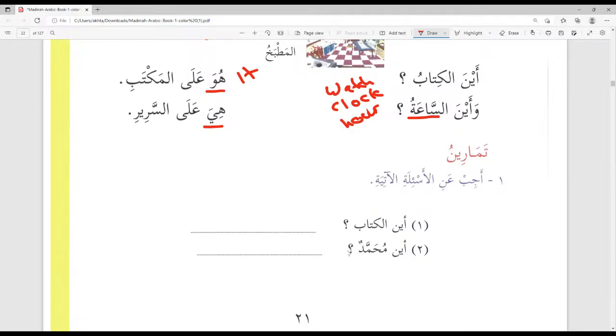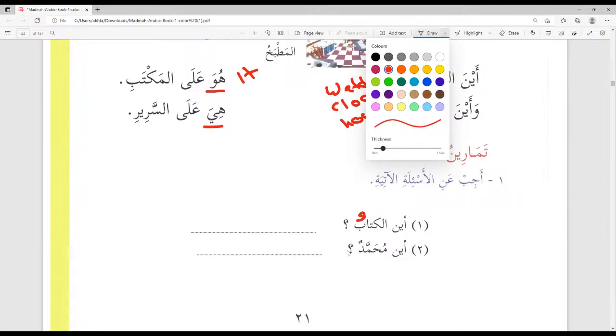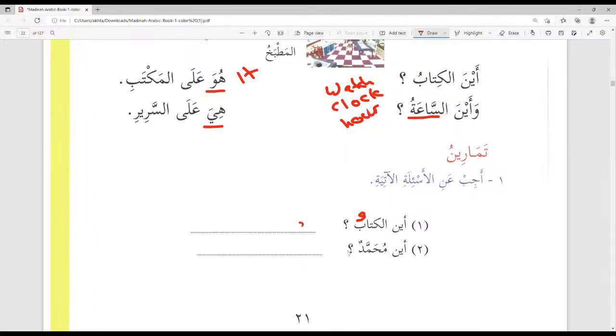أين الكتاب? هو على المكتب. So we say هو على المكتب. Remember, before this lesson, if I asked you أين الكتاب, you would have replied الكتاب على المكتب, because we hadn't studied هو.